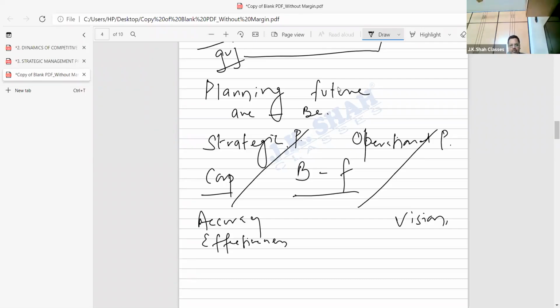Vision, I had said in one of my lectures, if you remember, is the dream, where you want to go. So, beta, when I say corporate level, they make the plan for the entire organization. They show you the direction which is to be followed.